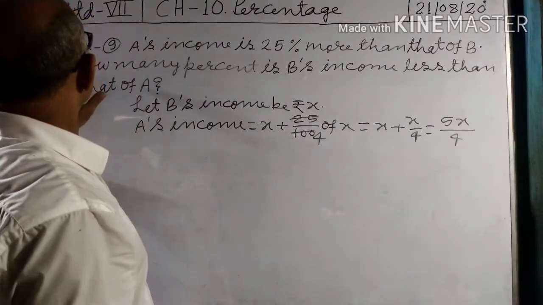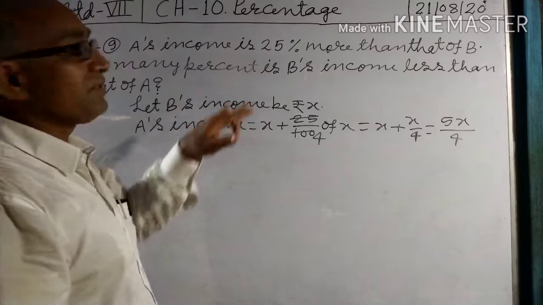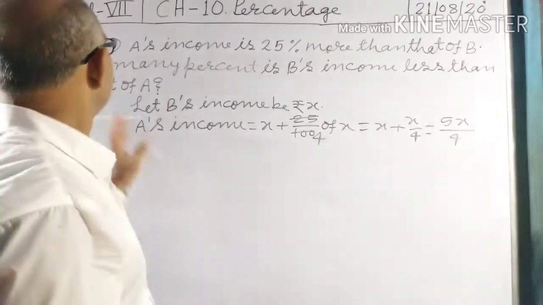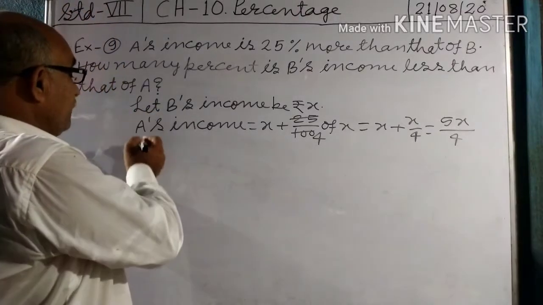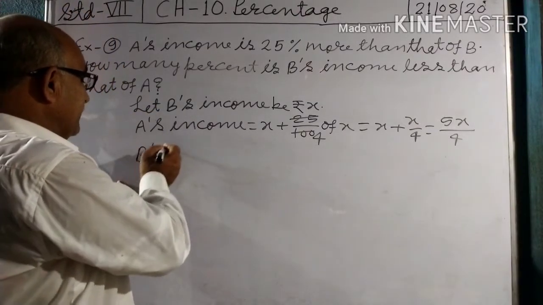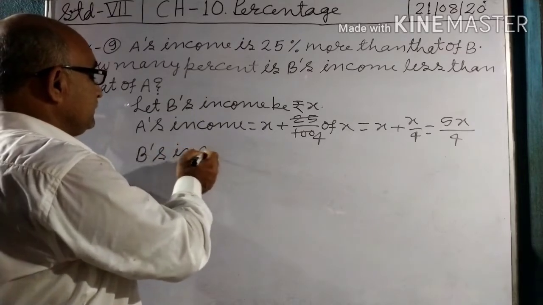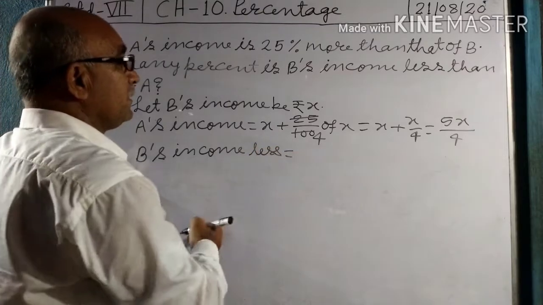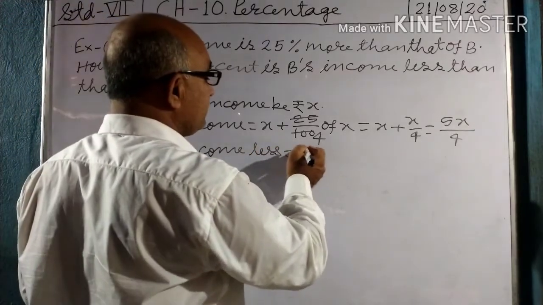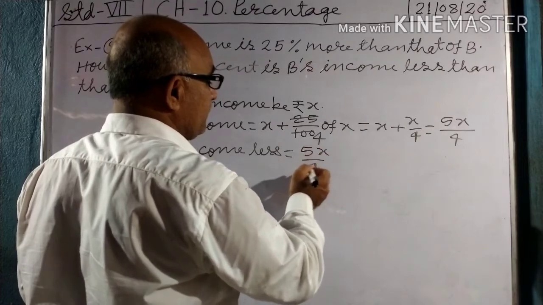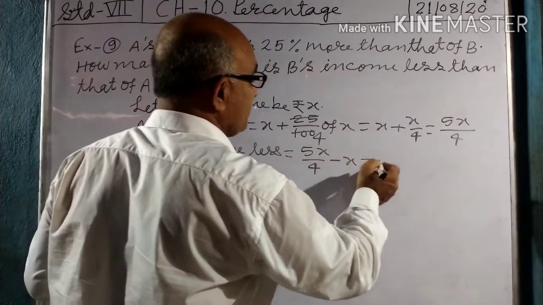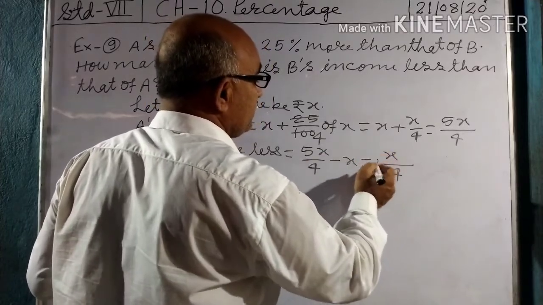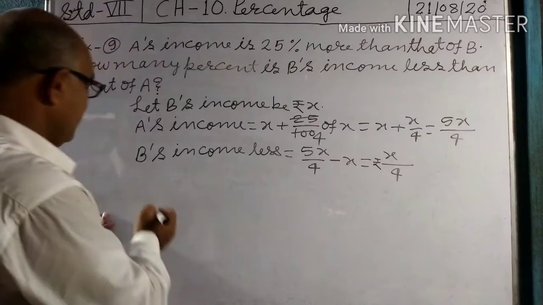Now the question is asking how many percent is B's income less than that of A. So B's income is less. Subtract here: 5x by 4 minus x. LCM 4, 5x minus 4x, so rupees x by 4.